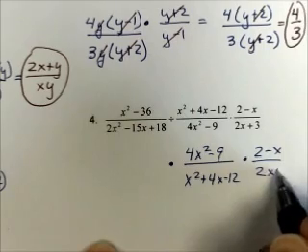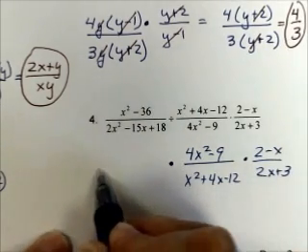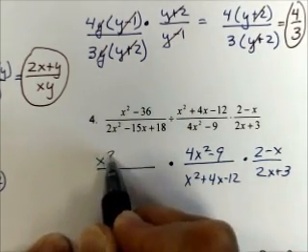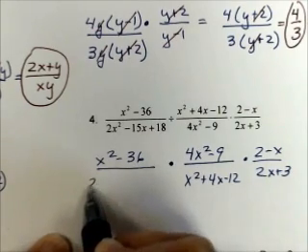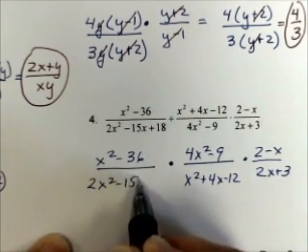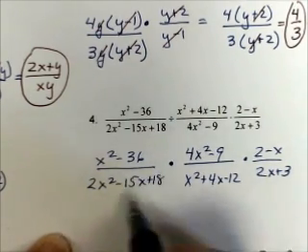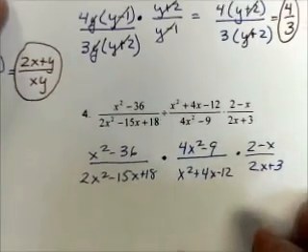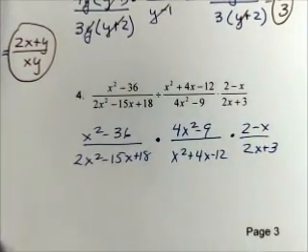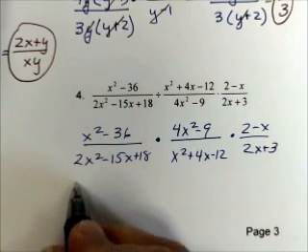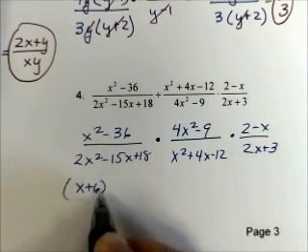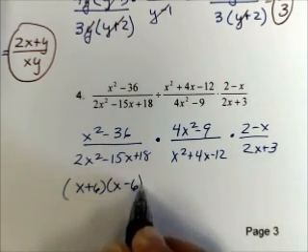Let's just copy it. And let me go back and copy our first fraction. Okay, so we have all multiplication. Now we go about factoring. Difference of two perfect squares, x plus 6 times x minus 6.